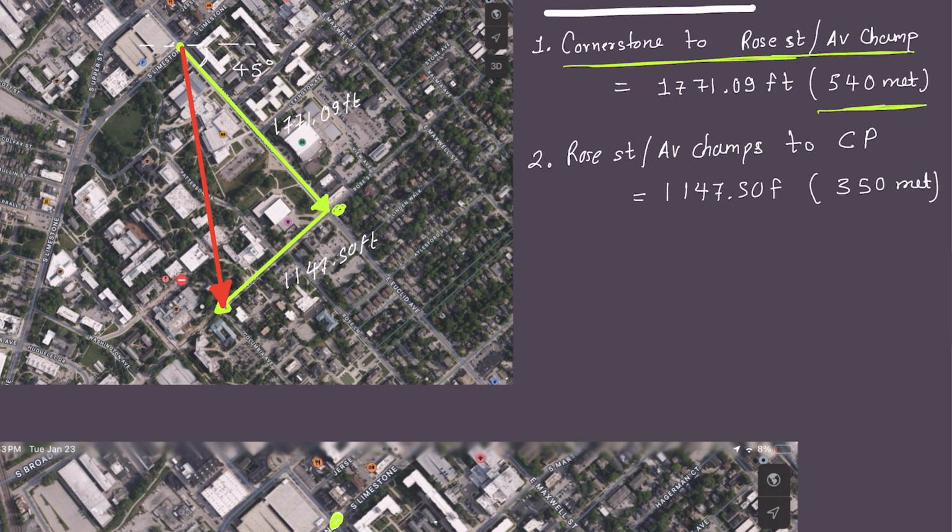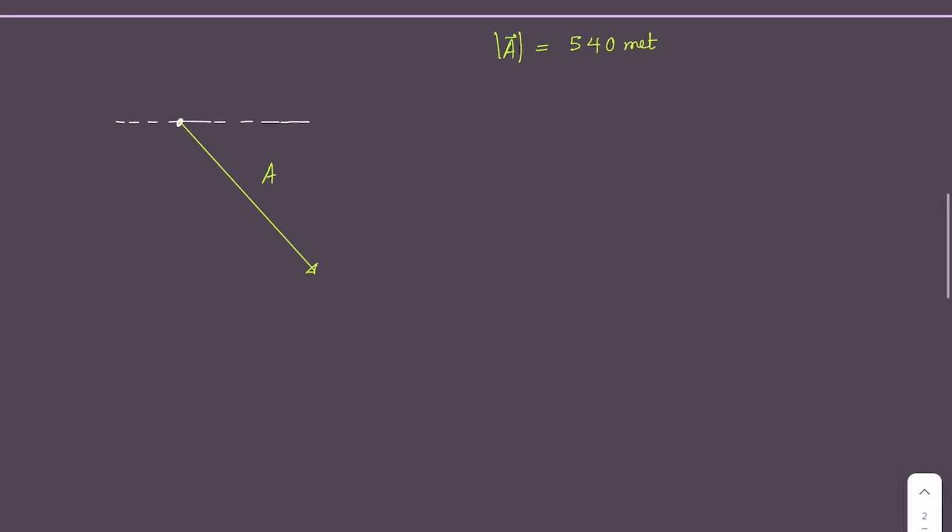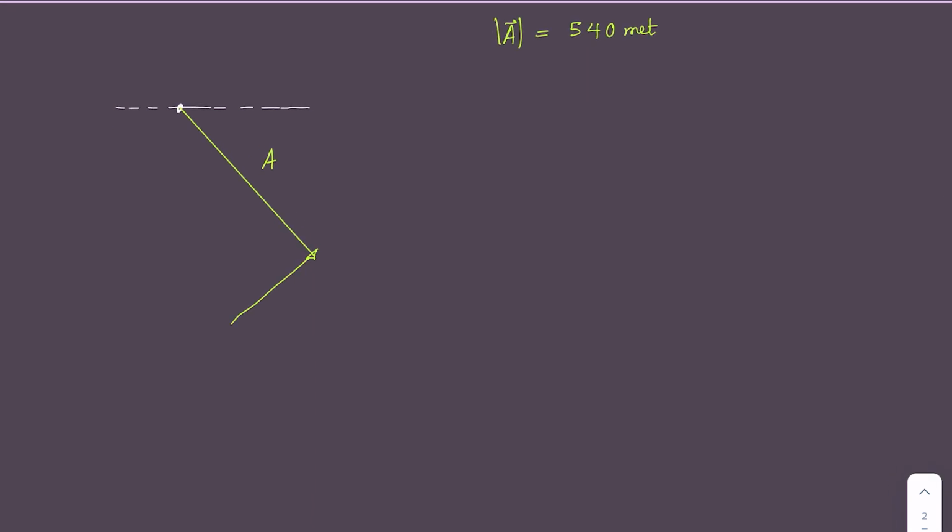Step 2 is from here to CP, and that distance is 350 meters, and let me call that vector B. Vector B's magnitude is 350 meters. We are also given this angle, and that is 45 degrees, and this turn right here is 90 degrees.